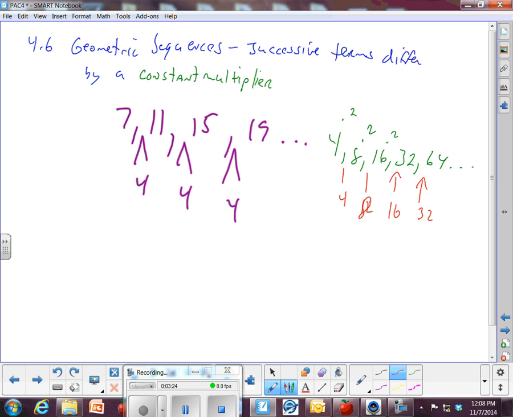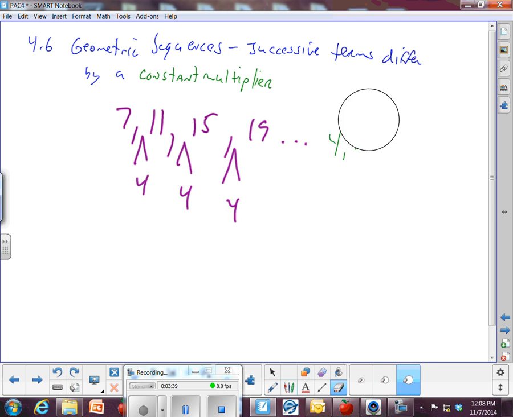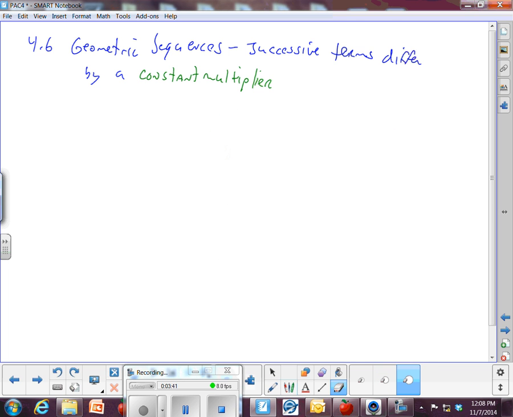So what's happening to the gap? The gap is also doubling. So the gap between is doubling as the numbers double. So with geometric sequences, what you have to keep straight is that you don't have a common difference, you have a constant multiplier.